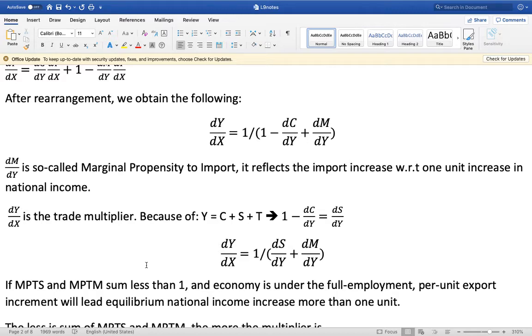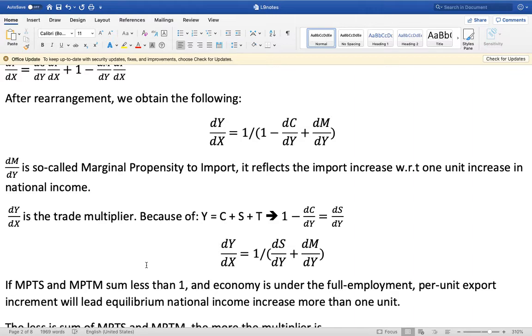If the denominator, ds over dy plus dm over dy, where these are the marginal propensity to save and the marginal propensity to import, is less than 1, the total ratio will be greater than 1. That means the multiplier effect takes place.